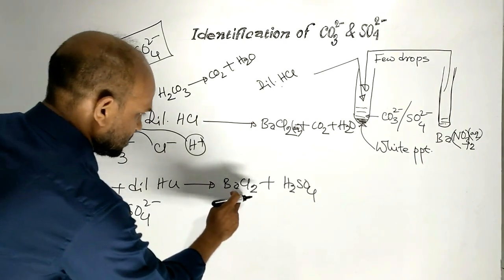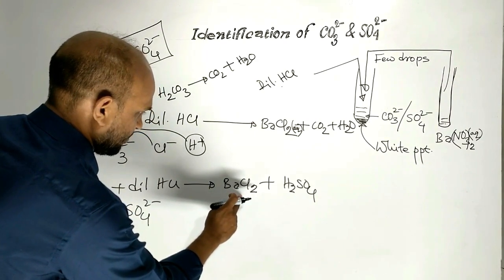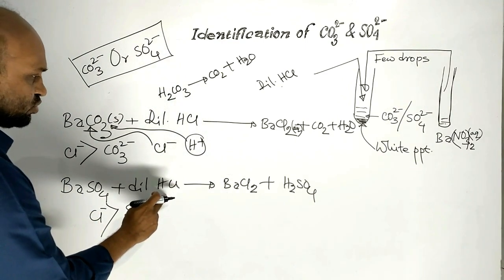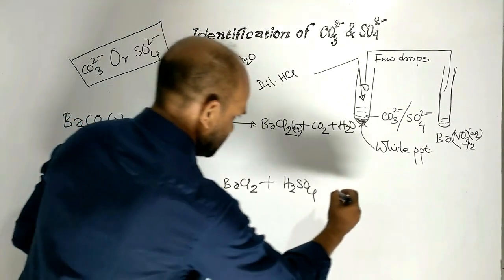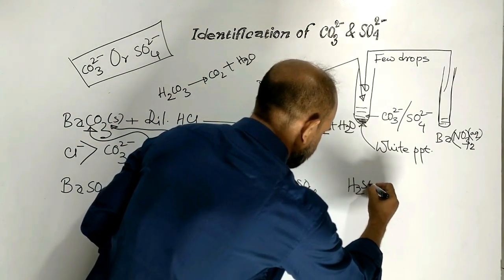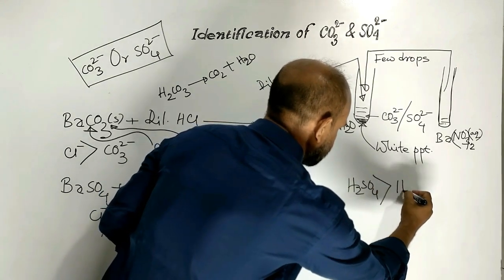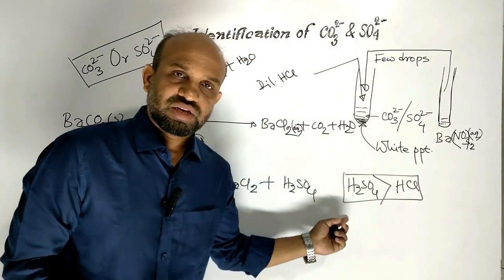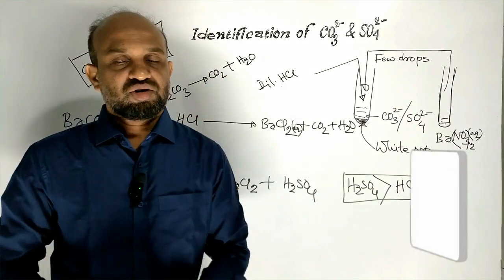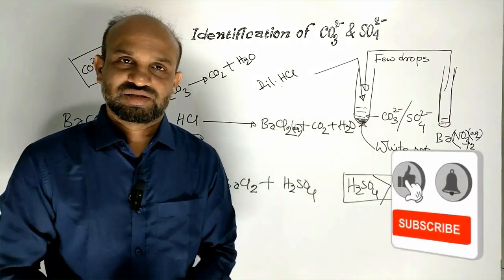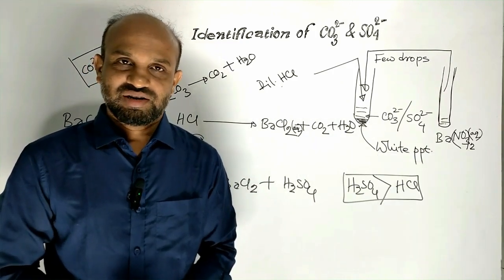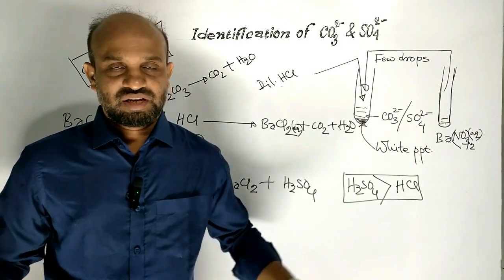So this reaction was supposed to happen, but here another matter dominates the reaction, that is, sulfuric acid is a stronger acid than hydrochloric acid. So the weak acid, hydrochloric acid, cannot produce the stronger acid, sulfuric acid. Identification of carbonate ion and sulfate ion. Thank you very much.